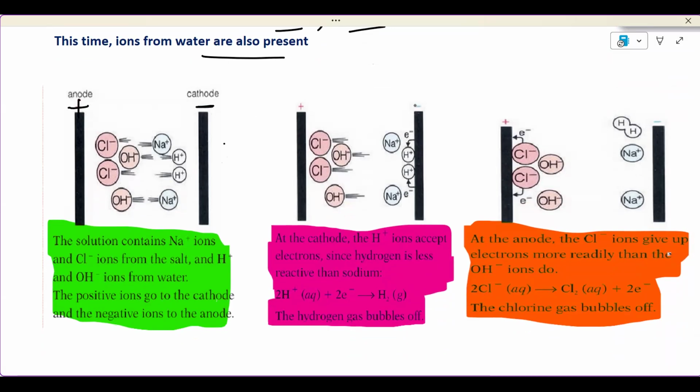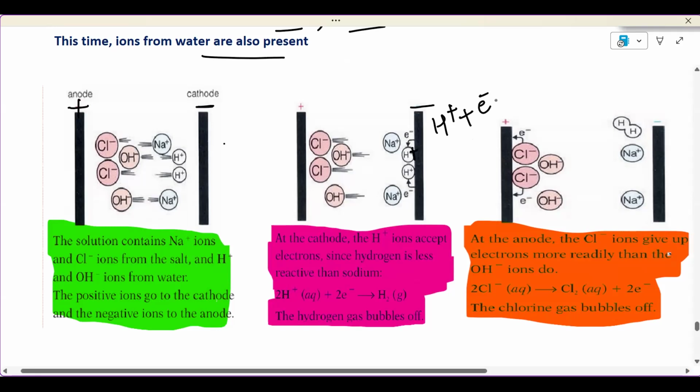At the cathode, hydrogen ions accept electrons, since hydrogen is less reactive than sodium. So hydrogen ions, after accepting electrons, become hydrogen gas because it is diatomic. There should be 2 hydrogen ions and 2 electrons. So hydrogen ions after gaining 2 electrons become hydrogen gas.